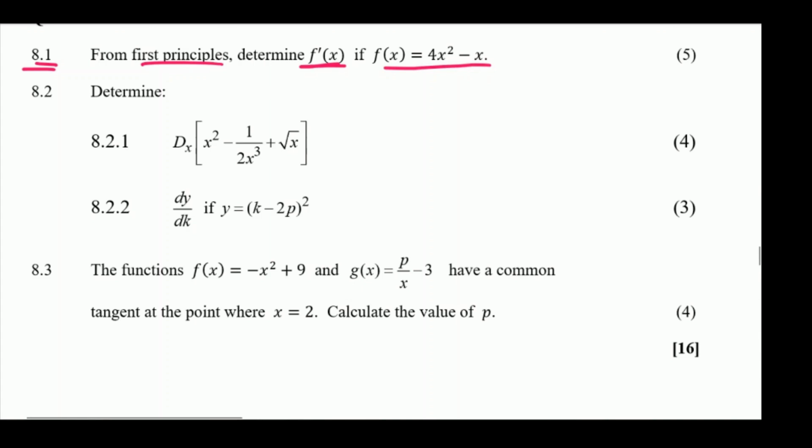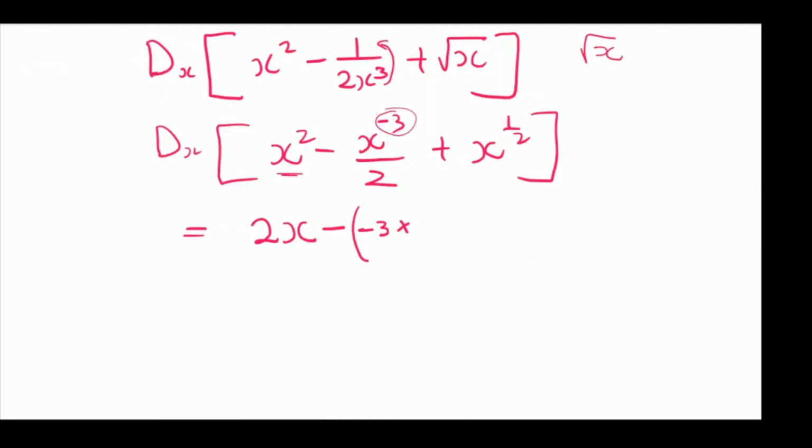We will have 2x, the derivative of this, and minus into, we'll drop the minus 3, so it's going to be minus 3 multiplied by x to the power of minus 3 over 2 minus 1, and plus, let me close bracket here, so it's plus 1 over 2 into x to the power of 1 over 2 minus 1, right?